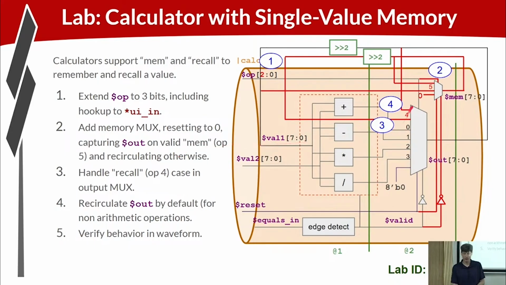So a value of 4 should select the input for the recall operation. So recall needs to take the value out of the memory and load it into the output. And we want to recirculate out by default if we have invalid operations. And, well, yeah, if we have encodings of the operation that are illegal, or if we have invalid cycles.